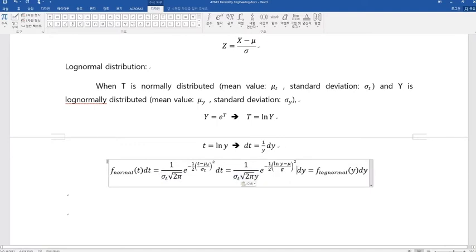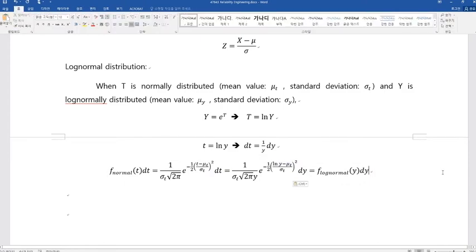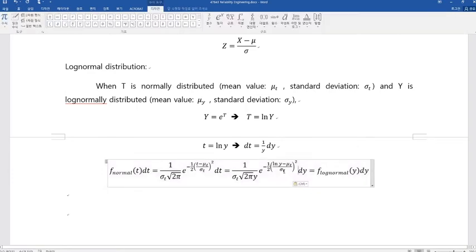Also, this one should be sigma t. And also this one should be mu t. So in this form of log normal distribution, we utilize not the mean value and standard deviation of y. In the equation, we use the mean value and standard deviation of t.